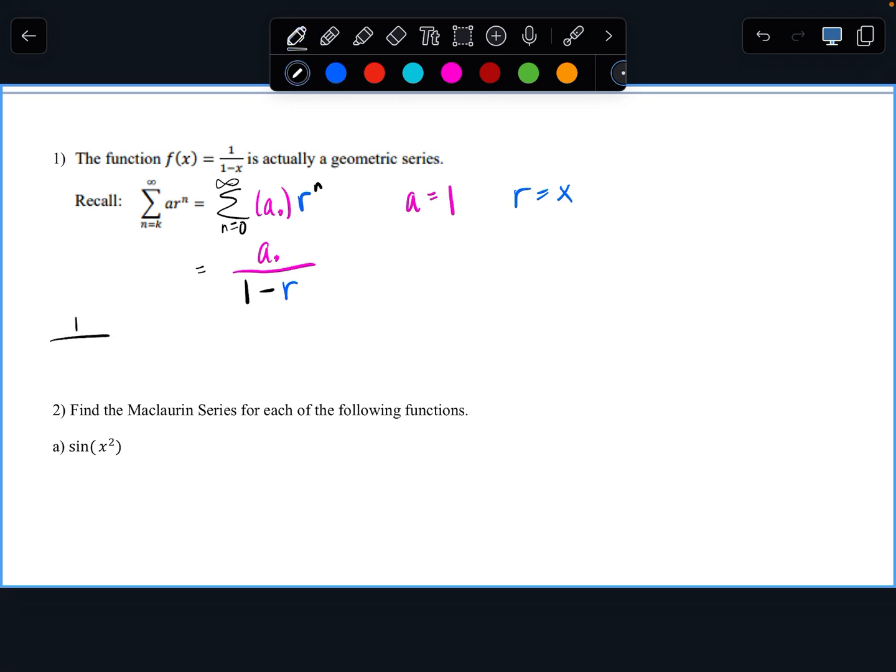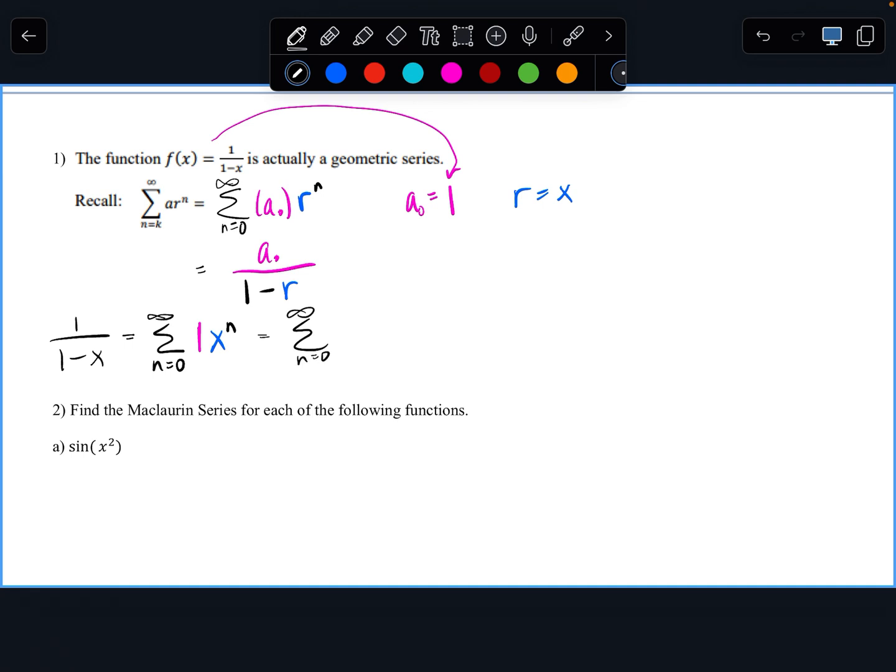If you think about it, you get 1 over 1 minus x as the series. Here your first term is 1. Do you get how I came up with 1? If I plugged 0 in, I get 1 from the function. Then x is my ratio, x to the n, and that ends up giving my series.